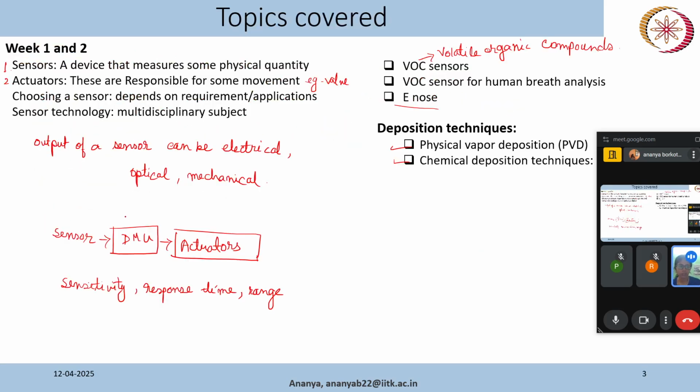In a sensor system, we have sensors, we have actuators, and we have a decision making unit, that will be the microelectronics part, some kind of chip. And for connections and other peripheral units, we will have microstructures.